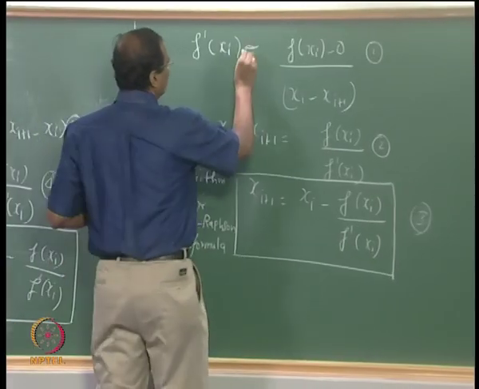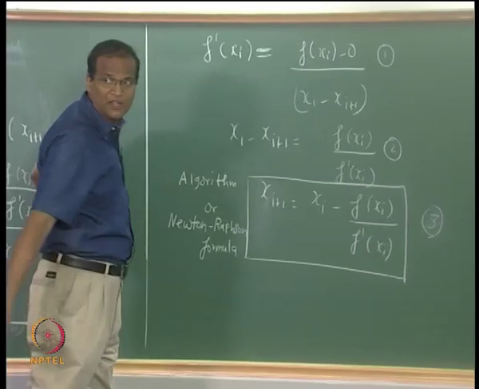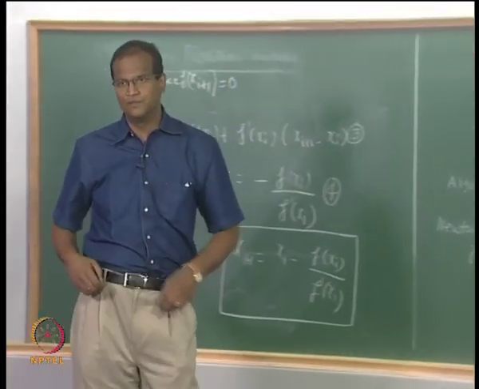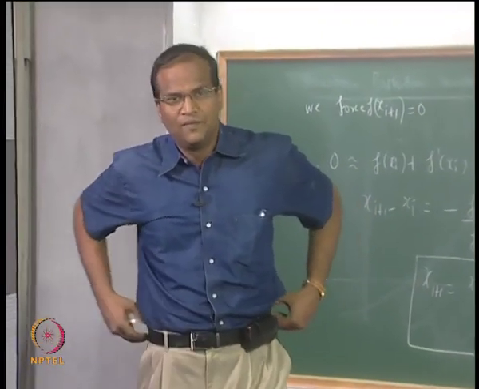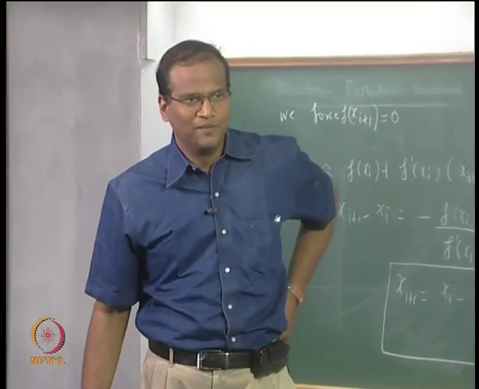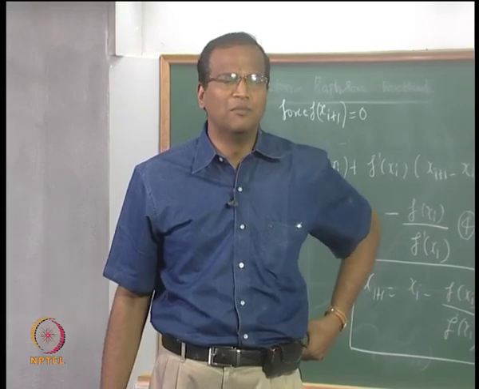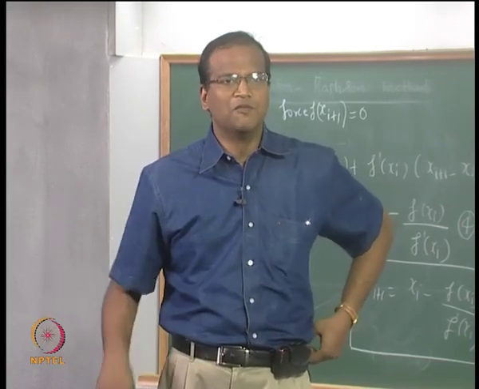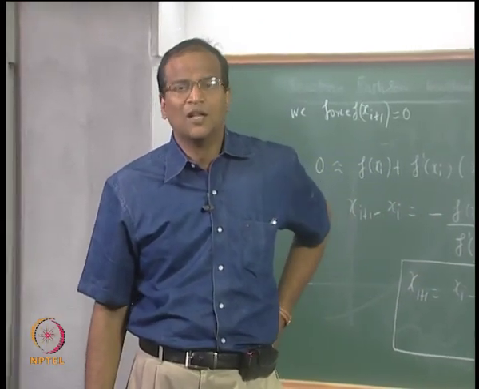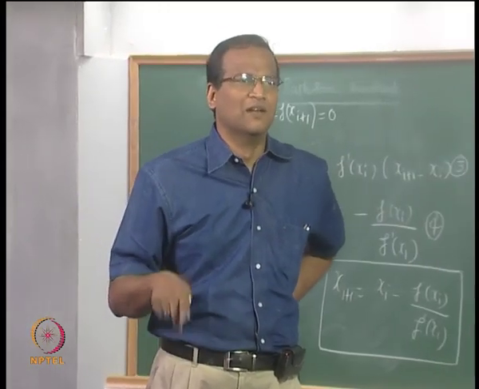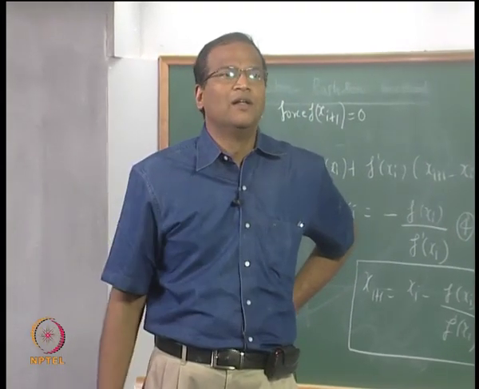You can put that. That's no problem. But here you have to be careful. In the Taylor series expansion, I want you to remember that there are higher order terms which we neglect.